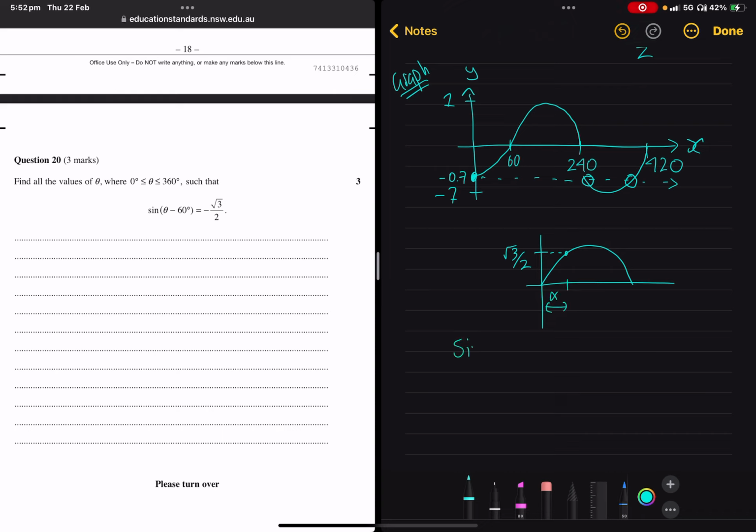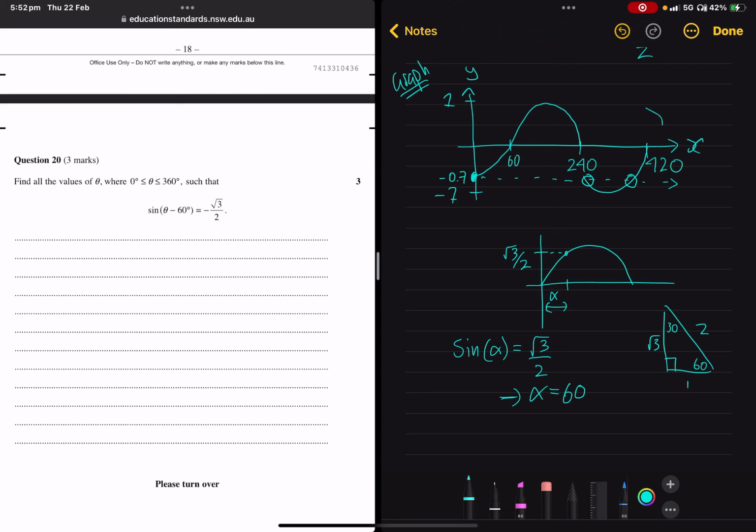So we have sine of alpha is equal to square root of 3 over 2. Now from our special triangle, this is 90, this is 30, and this is 60. This is 2, 1, root 3. Sine of 60 is root 3 on 2. This implies alpha is 60.